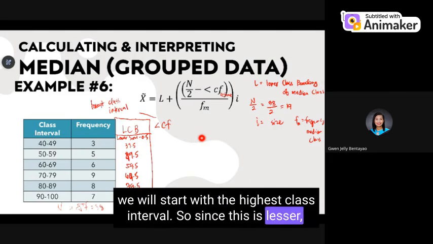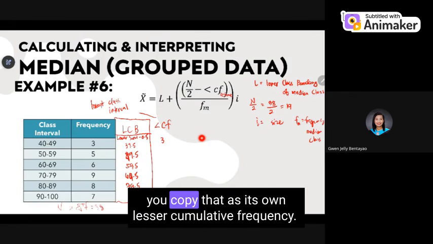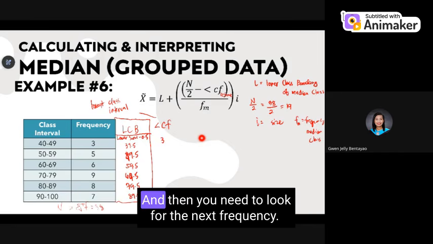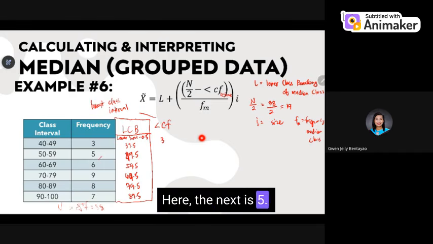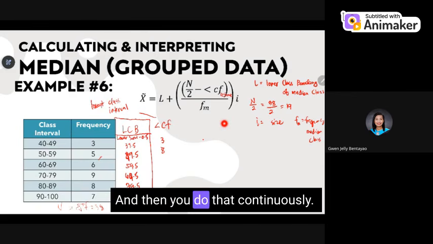Since this is lesser, we will start here with 3. Whatever is the frequency of that, you copy that as its own lesser cumulative frequency. And then you look for the next frequency. Here, the next is 5. Then you add that to the previous one. So that gives you 3 plus 5, that's 8. And then you do that continuously.